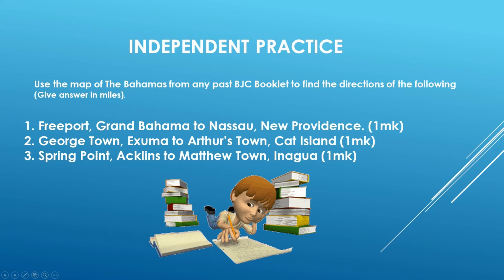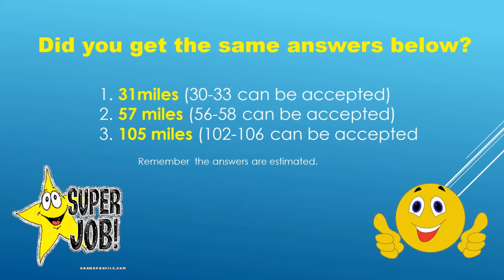Number 2, Georgetown, Exuma to Arthurstown, Cat Island. And number 3, Spring Point, Acklins to Matthewtown, Inagua. This is a perfect opportunity to pause this video as you work independently.